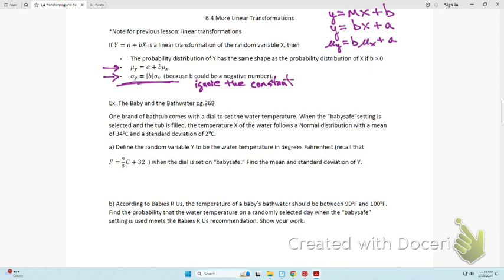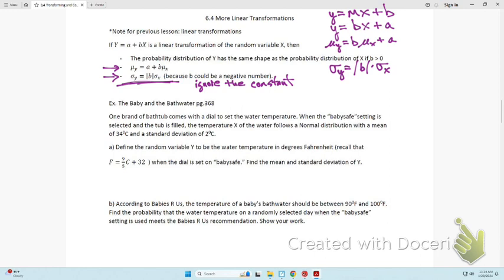So the y-intercept has no effect on standard deviation. So, it's typed right there, but standard deviation of y is the absolute value of the slope times the standard deviation of x. And that's it. So let's give it a try.